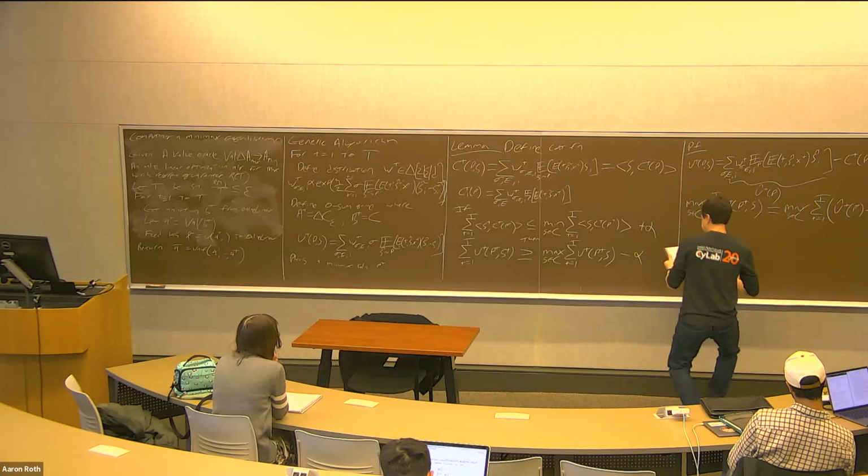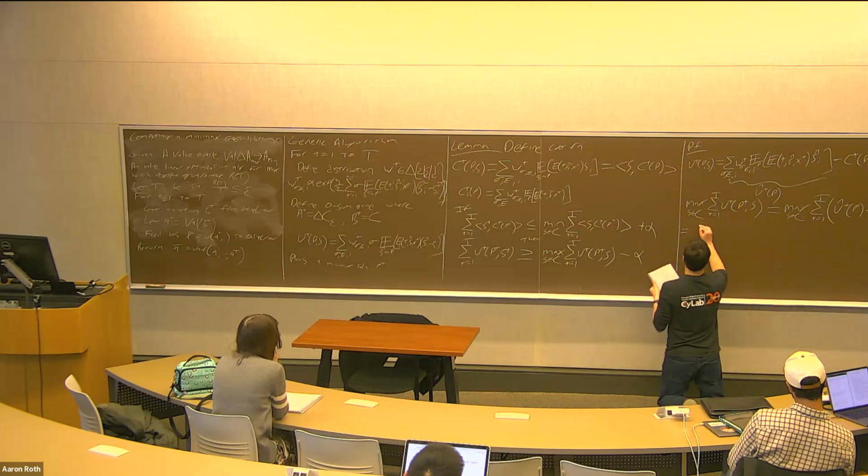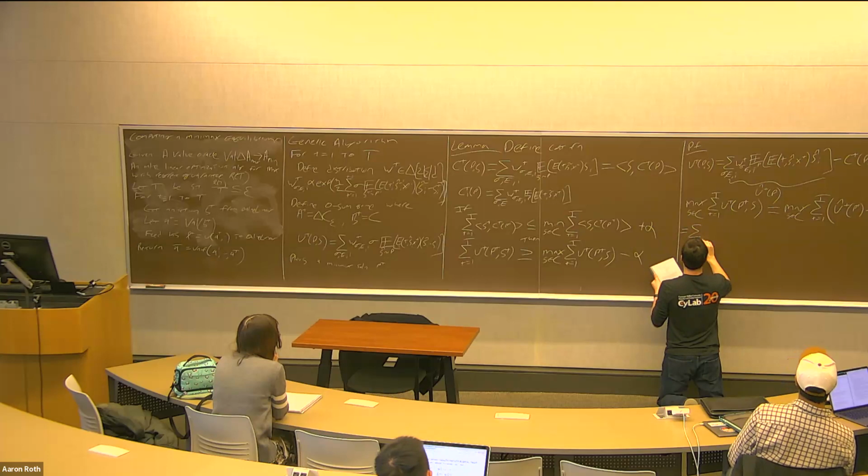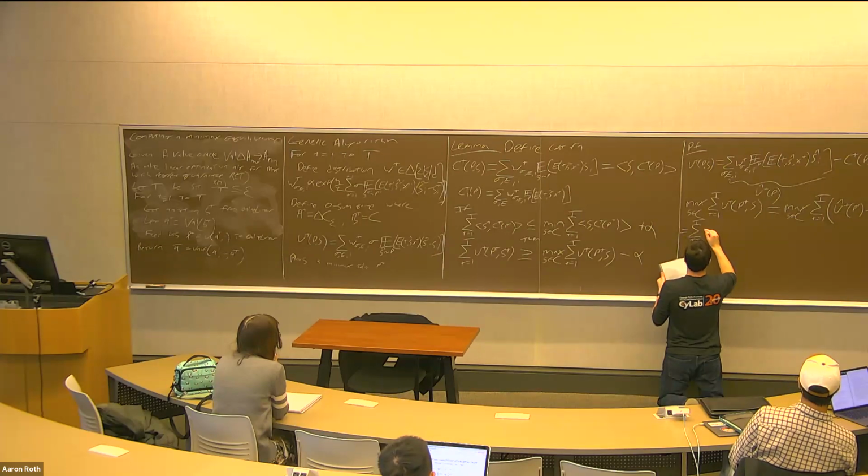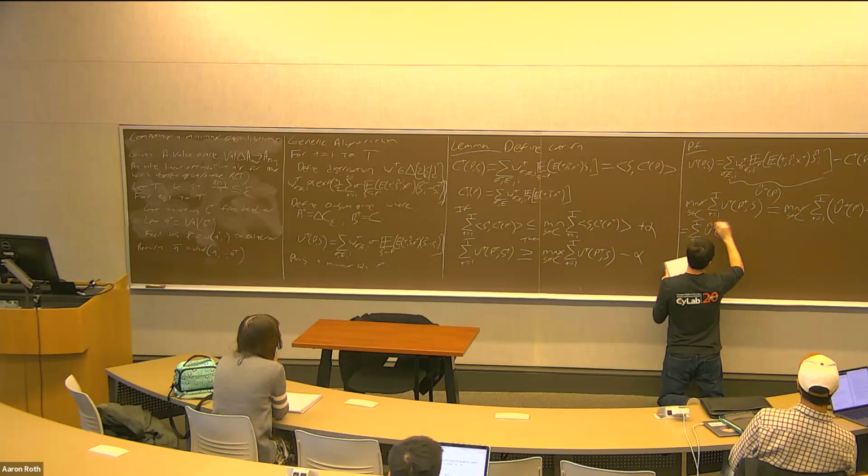So this is equal to the sum over all of the rounds of UT of PT, the learner's action.